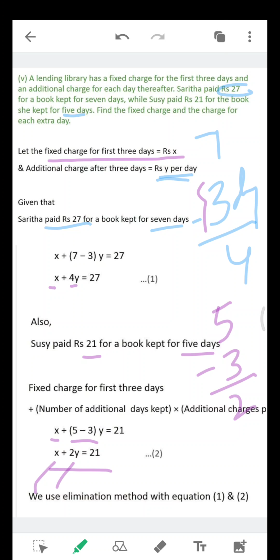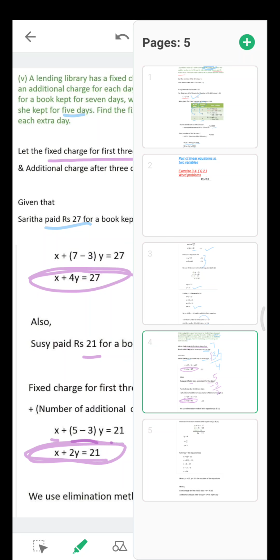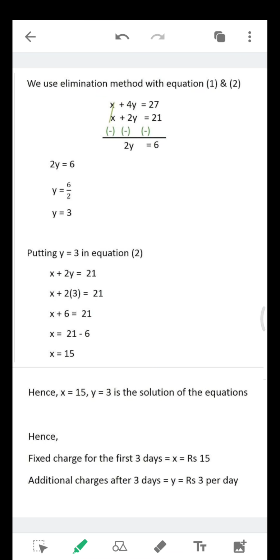So this is the way we framed two equations. Now you know very well how to solve the equations. This is our equation 1, and this is our equation number 2. We'll solve these two equations. You can see we are eliminating x and x.